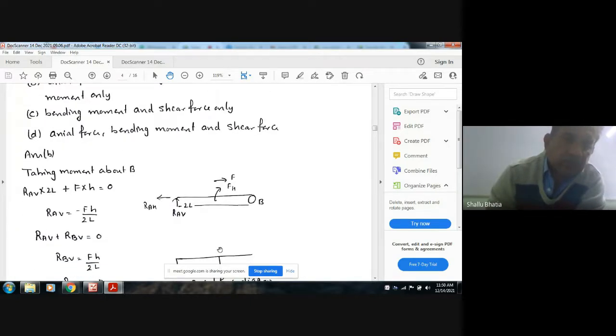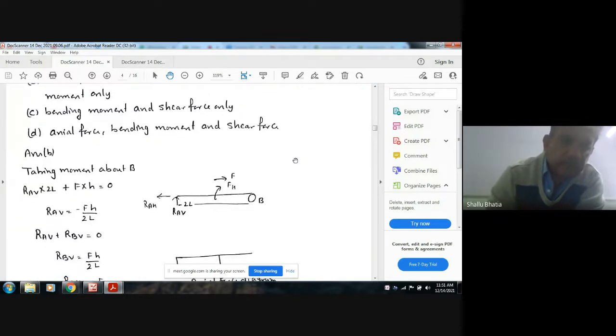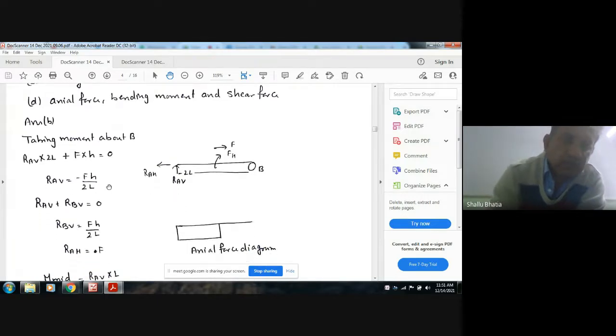So now taking moment, this is the rigid support, so it will provide vertical reaction, and this is the roller support, so it will provide only vertical reaction. Now taking moment about B, RAV into 12 plus F into H is equal to 0. So RAV will be equal to minus FH by 12.